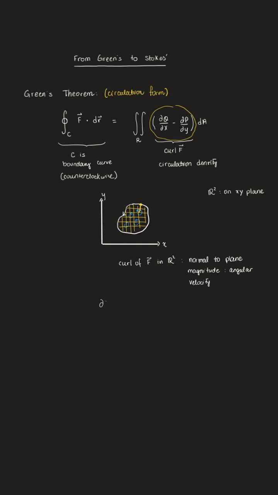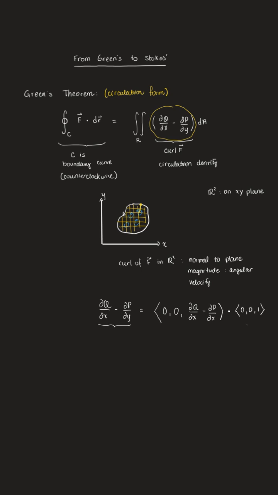So where does this come from, right? This curl, we're not going to derive it again, but we can express this in a slightly different way. Let's imagine that we jump to R3, and we know that this is actually the component of the normal vector. So we're going to think of this expression as the dot product between a vector that points either up or down, dotted with k, which is 0, 0, 1.